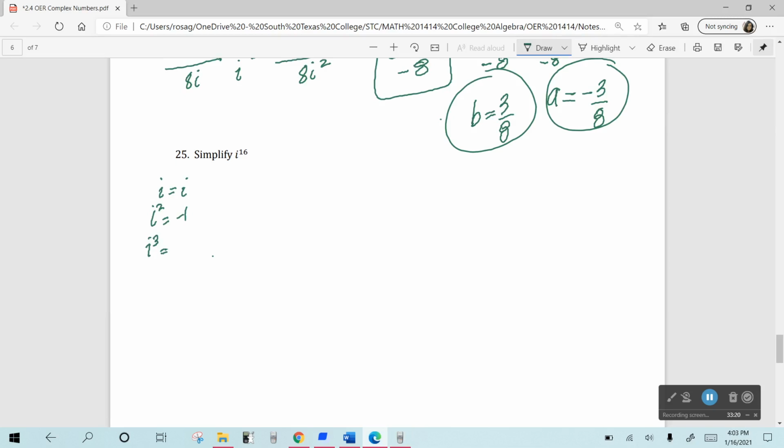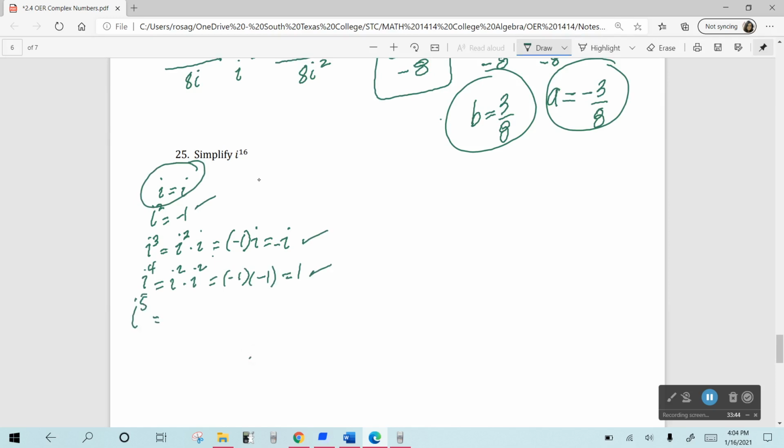I to the third can be broken up into I squared times I, which is negative 1 times I, that's just negative I. I to the fourth can be broken up into 2 I squareds, which is just 1. So all of this to say you can have either I, negative 1, negative I, or 1. And then after that, it repeats. So like I to the fifth would be just I, I to the sixth would be negative 1.